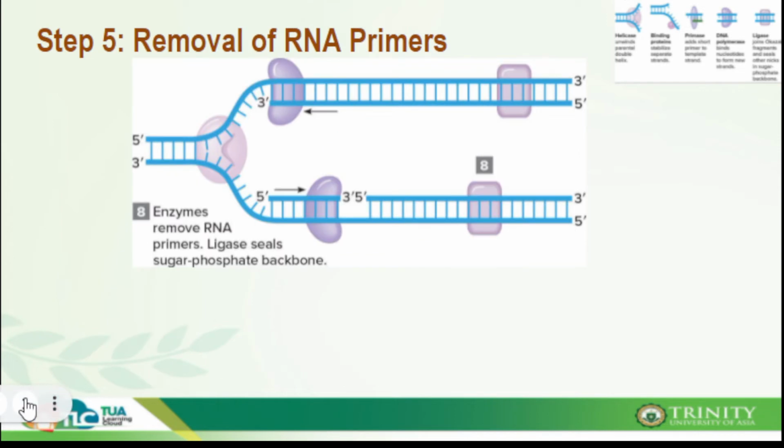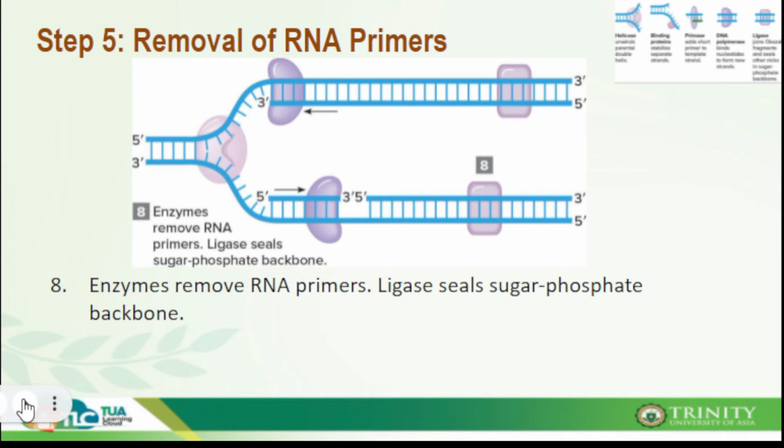And eventually, there will be a removal of your RNA primers using your ligase. So si ligase po, what it will do, it will remove the RNA primers kapag kompleto na yung base pairs. Moreover, it will seal the sugar phosphate backbone.